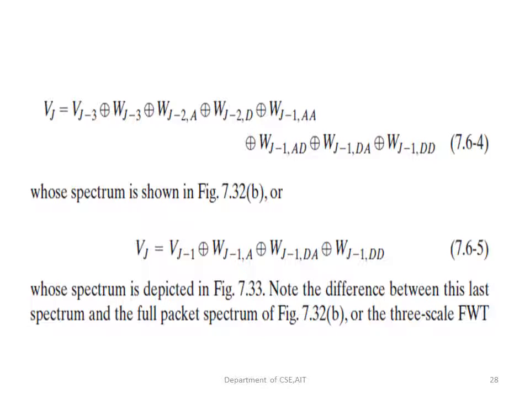This can also be expressed as V of j minus 1 and W of j minus 1, with respect to the node and the parent node. So this spectrum is depicted over here, and we can see the difference between the last spectrum and the full packet spectrum of this particular tree.